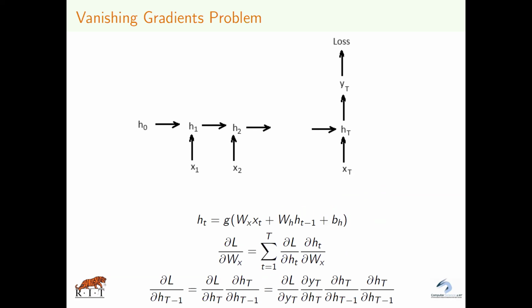Okay, now the main problem, vanishing gradients. We talked about how we can solve this problem last time. Do you remember how to solve the vanishing gradient problem? We talked about ResNet. ResNet uses residual connections.